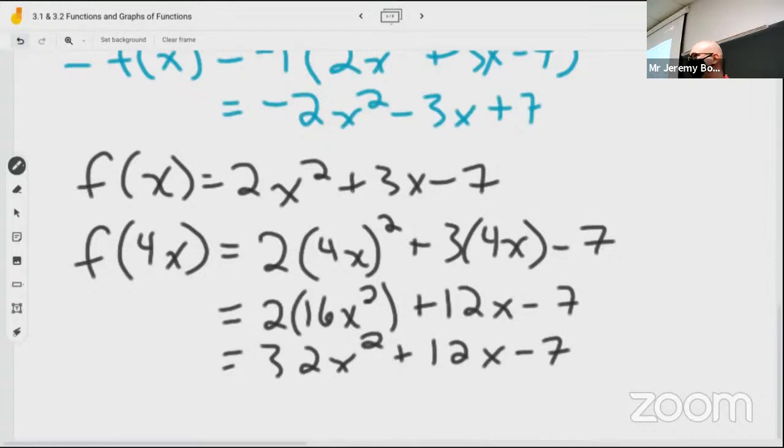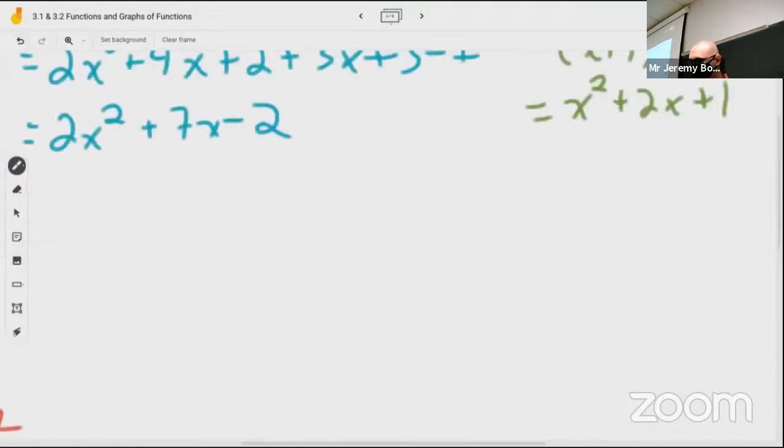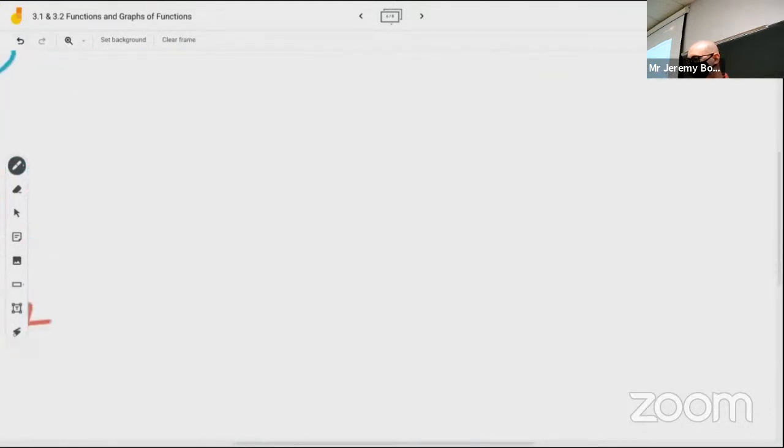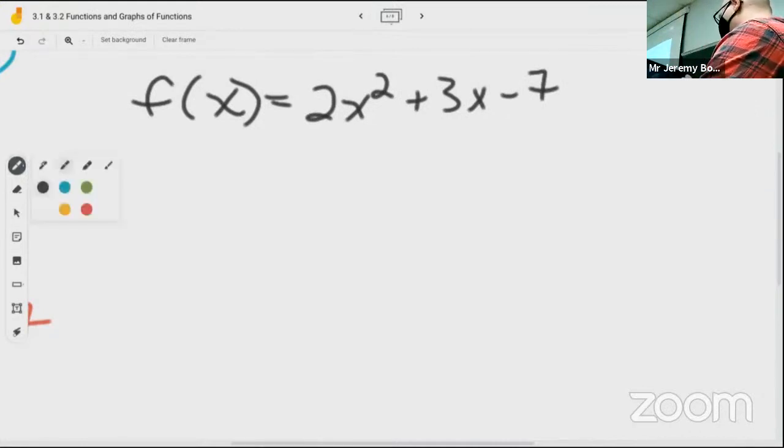Any questions on that? And the last one, do I have room for it? Oh, I got tons of room. Okay, cool. So original function. If you're going on to calculus, this is something you need to understand for sure. f of x is equal to 2x squared plus 3x minus 7.